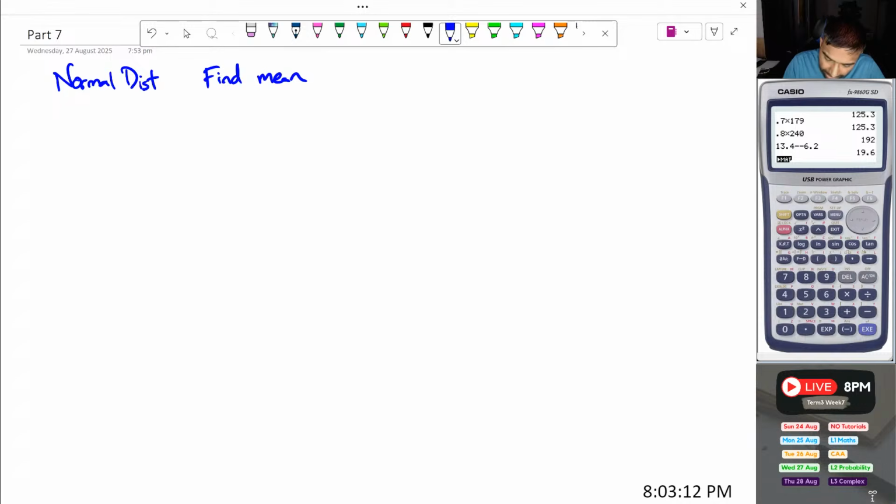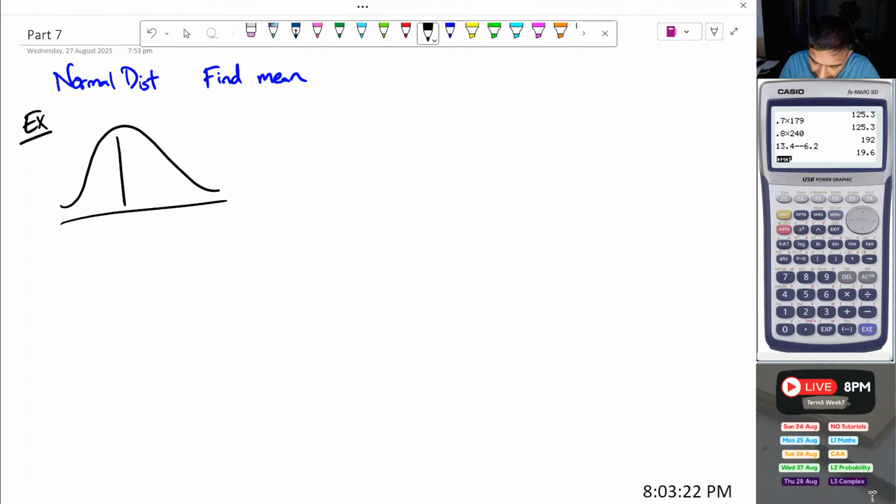Okay, so we're going to do a quick example here. Let's say we've got a normal distribution graph, and we've got this value here is going to be, I don't know, let's just go 40, for example. And then I am going to say that this part here is equal to 0.32.